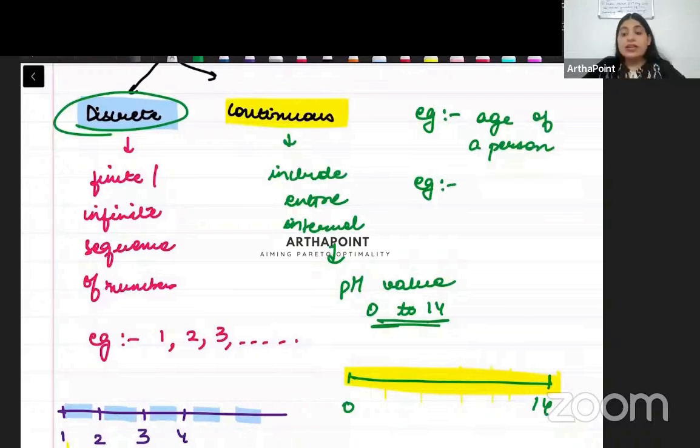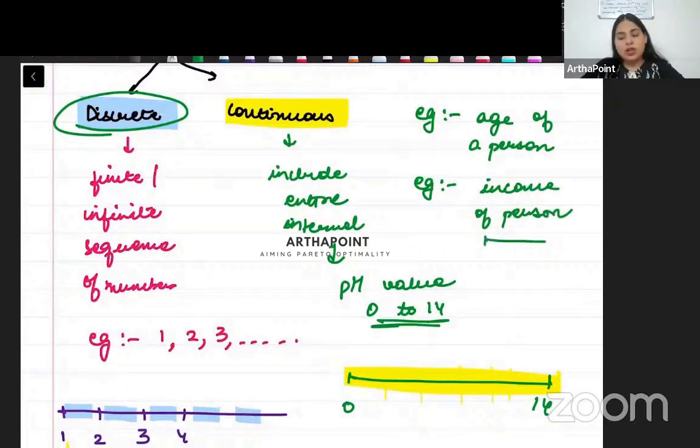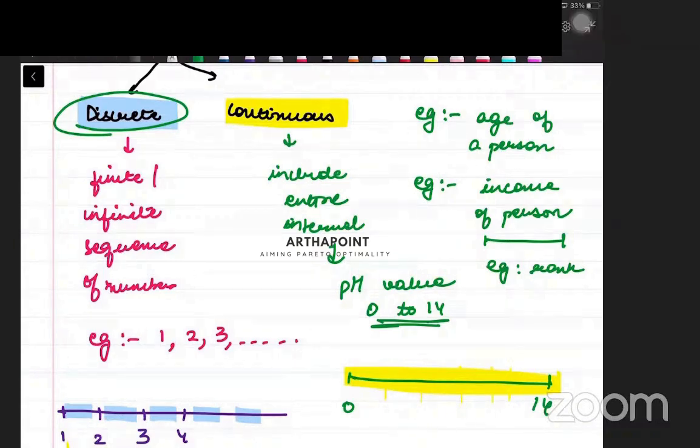And a continuous variable can be the income of a person, if you want to include all possible numbers in it, right? Then another example can be, as I gave, rank. That's a discrete variable, right? So these are some of the examples.